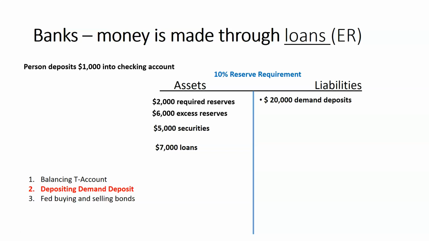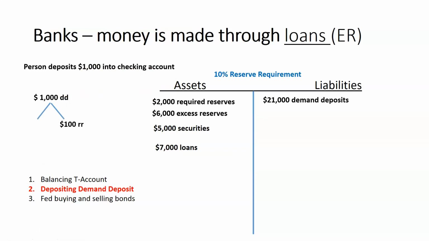If you look here, you have a person who deposits $1,000 into the bank, and so therefore the demand deposits are going to go up to $21,000. Well, I've got to balance things over here on the asset side. So what I like to do is, again, you added $1,000 into your demand deposits.